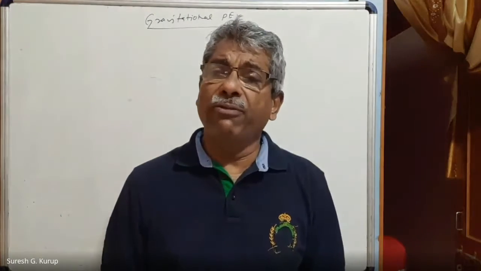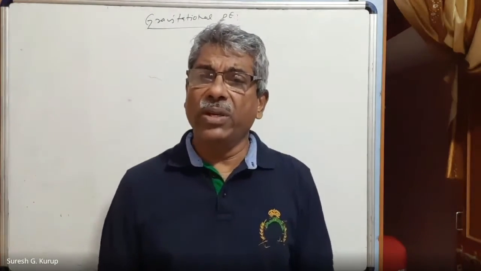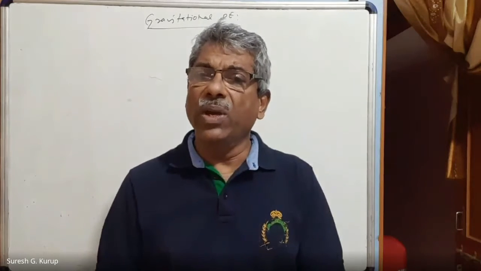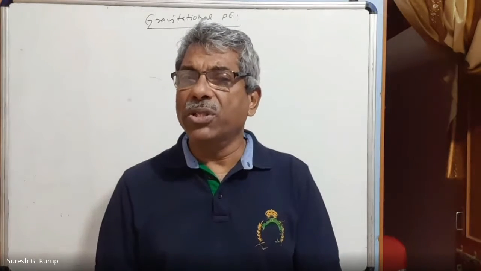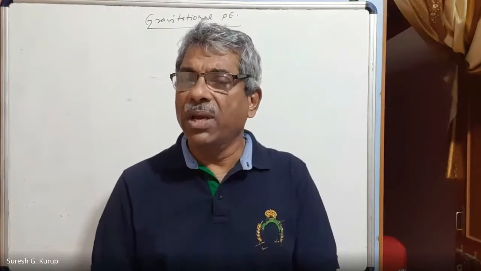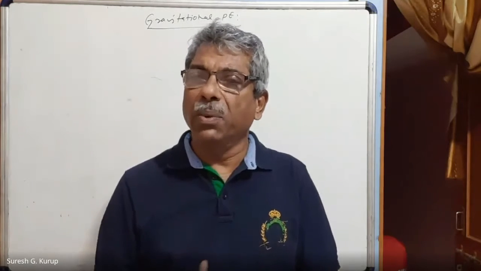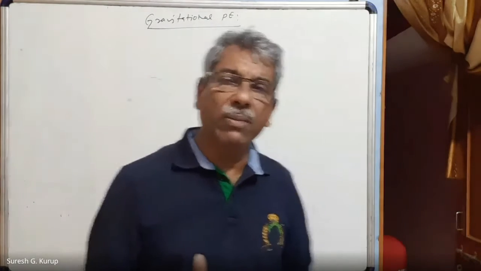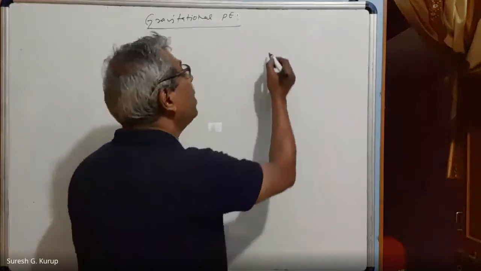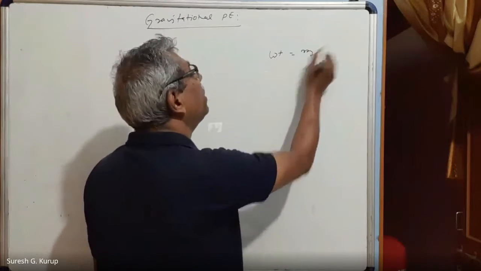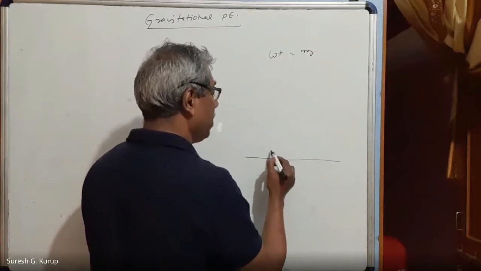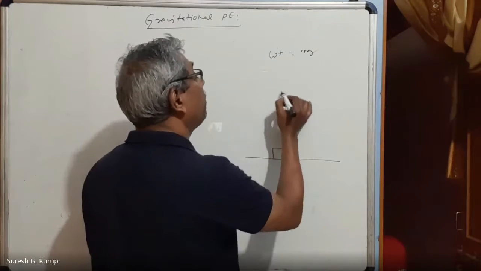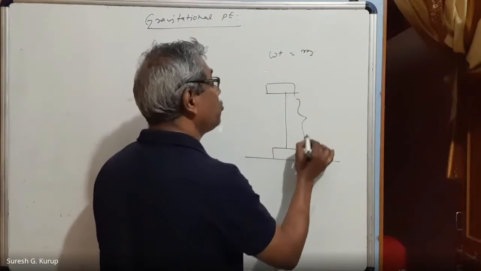Suppose a body of a certain weight is to be lifted to a certain height. We have to apply a force against the gravity force. Gravity force is the weight of the body, and weight is equal to mg. Suppose a body is taken from the ground level to a height h.